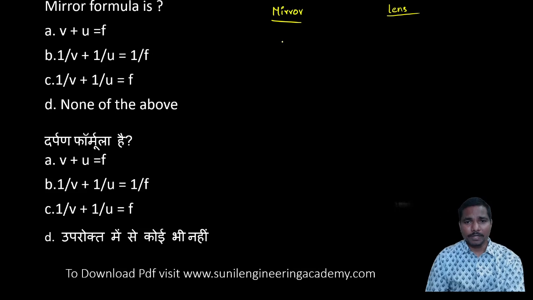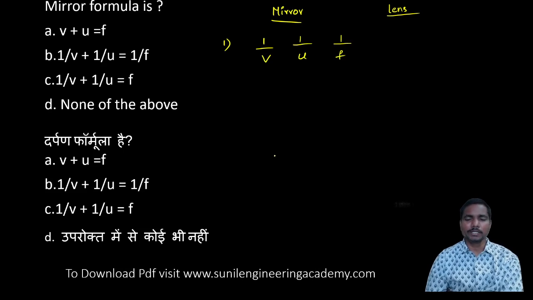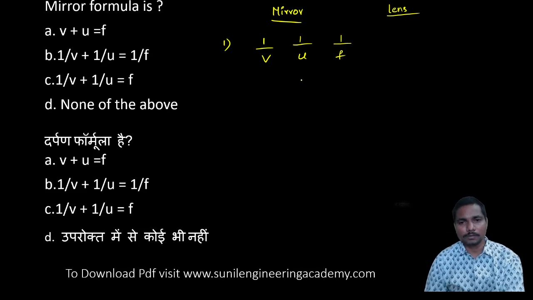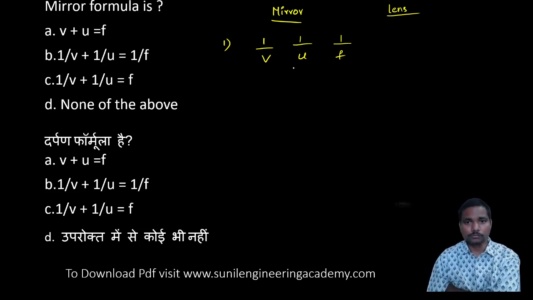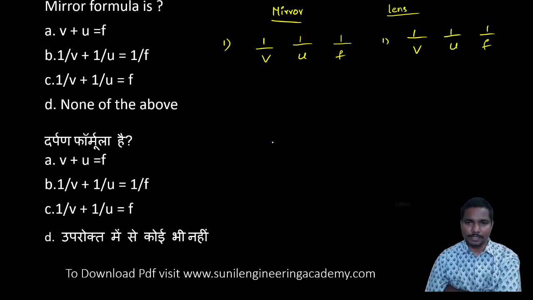For both the mirror formula and the lens formula, the first point is common: all three terms are reciprocals, 1 by V, 1 by U, 1 by F. Note them in reverse alphabetical order: V, U, F reciprocals. This is common for mirror and lens.